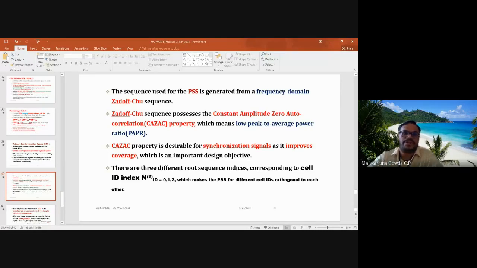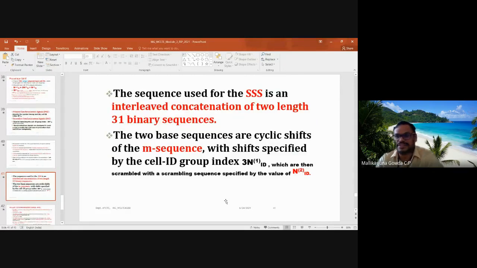This property is desirable for synchronization signals because it improves the coverage, which is an important design objective of LTE. As I said already, there are three different root sequence indices corresponding to the cell. So that is about the PSS.